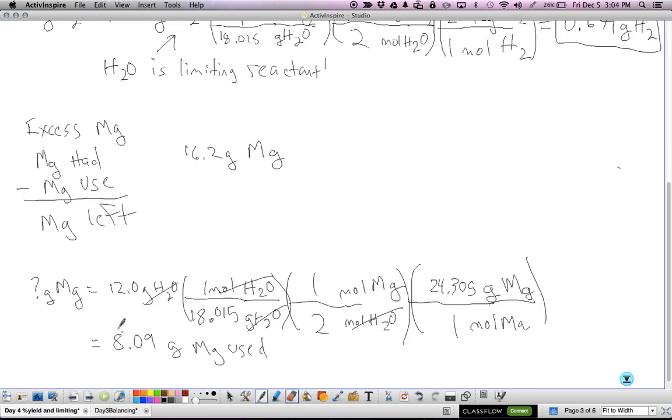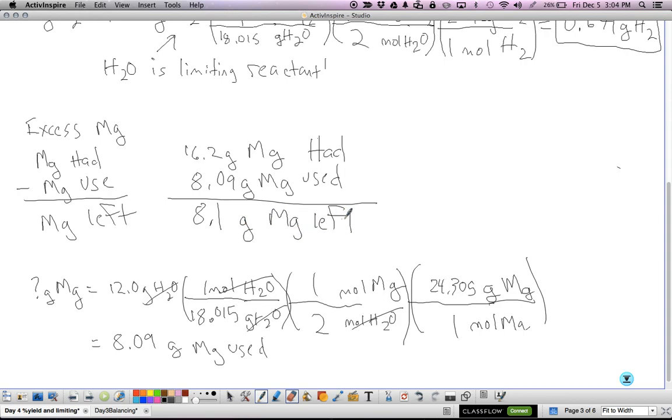Okay, this 8.09, that goes Mg used. That's had. Okay, so when I do the subtraction, I get 8.1 grams Mg left. Okay, and significant figures, remember this is subtraction, so I'm going to line up and use decimal places. 8.1 grams magnesium left.